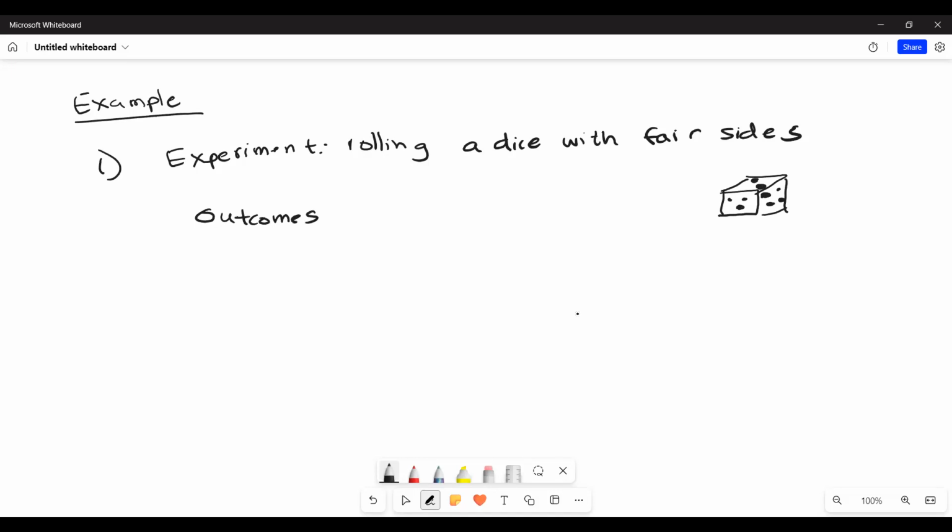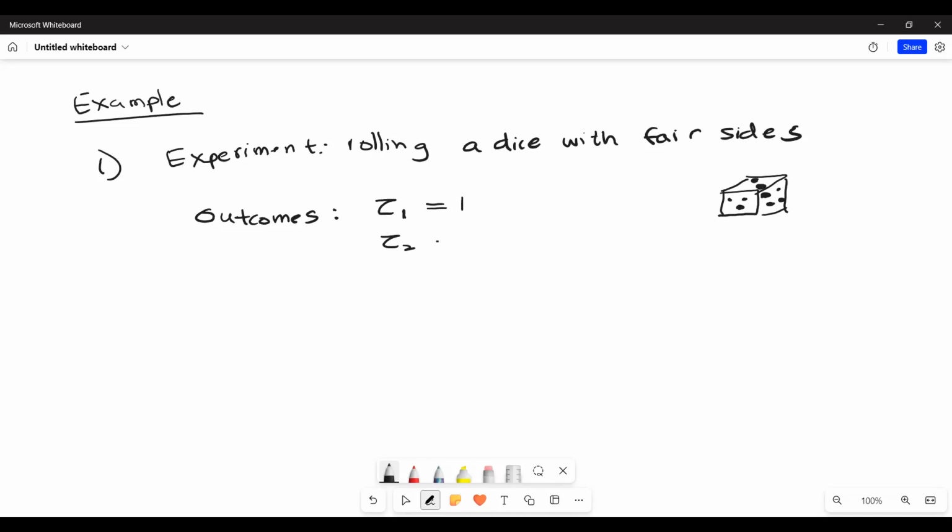We can define the possible outcomes of this experiment using real values. So the outcomes I will denote as tau. The first outcome, getting the side with the 1 on this dice, I will denote as 1.